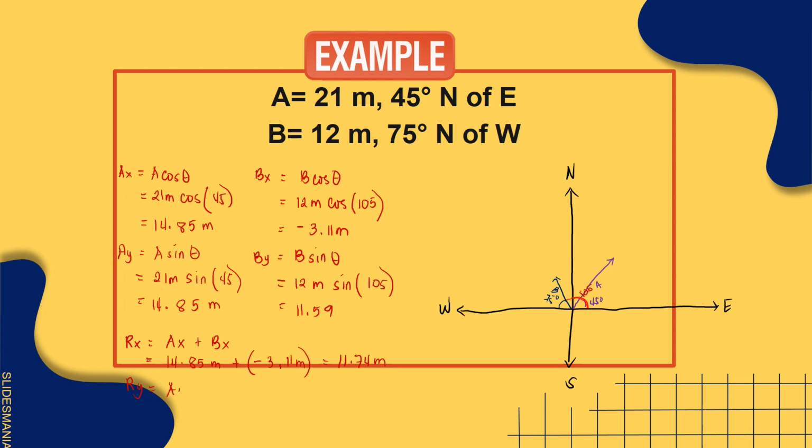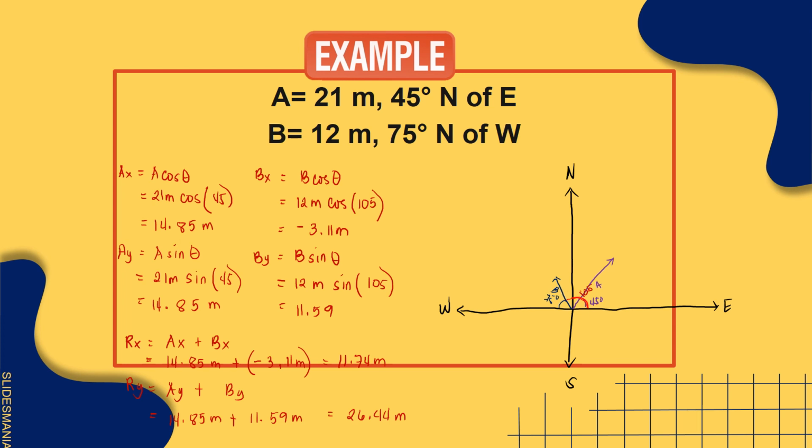And for the Ry, it's Ay plus By. So we have Ry is equal to 14.85 meters plus 11.59 meters. And that is equal to 26.44 meters.